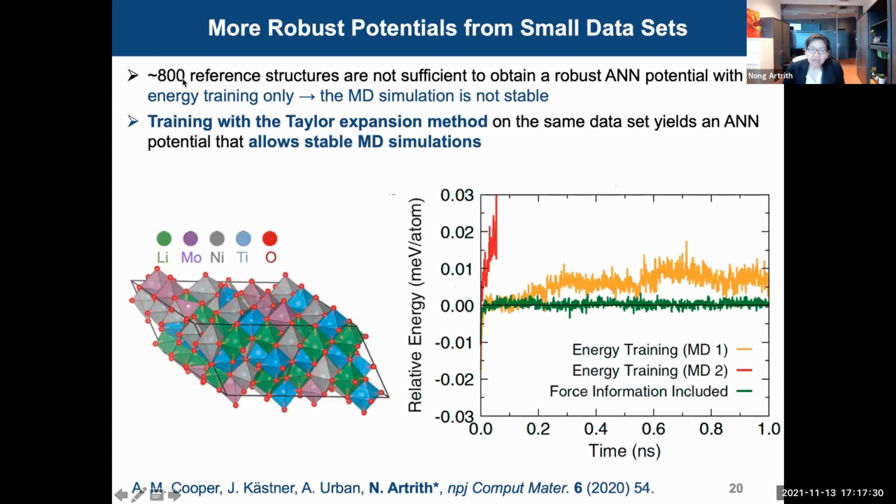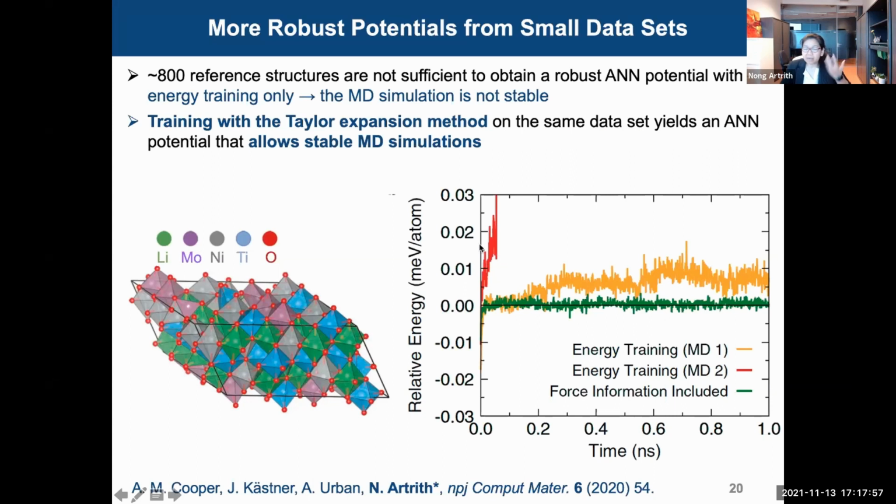This is just 800 DFT reference calculations. Again, this potential is not really ready to use, not general, but this is just to show as a benchmark. We use just 800 structures and train on energy only. You can see that our MD is not really stable, and does not converge easily.